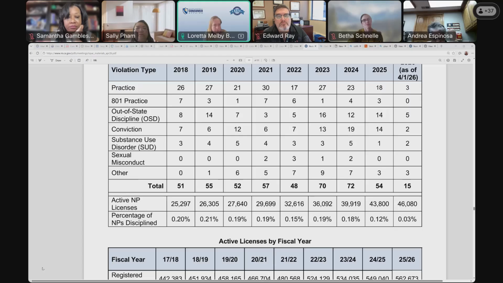But with the way the law was written, even that advancement to an independent practice is incredibly limiting to our nurse practitioners and keeps them in a very small focus, which is in alignment with their education, training, and national certification. And it is not something that is expansive.